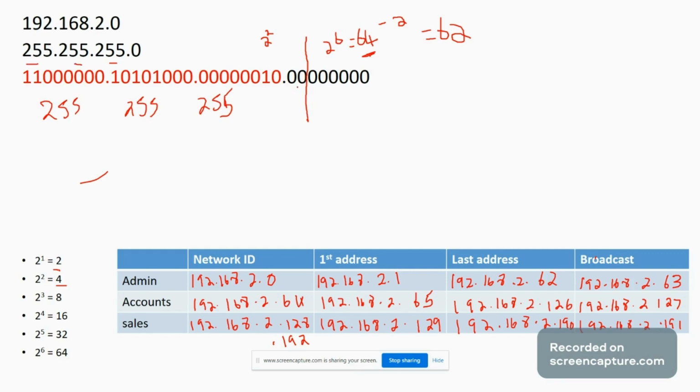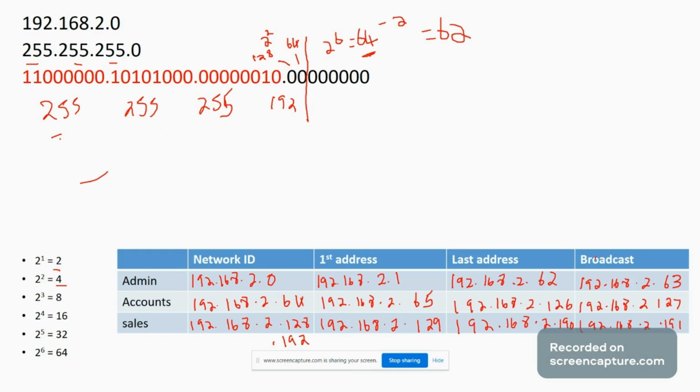Now we've used 2 bits from the host, and if you remember the old 128, that's 64. Add them both together, you get 192. So that is our subnet mask for our entire network, 255.255.255.192.